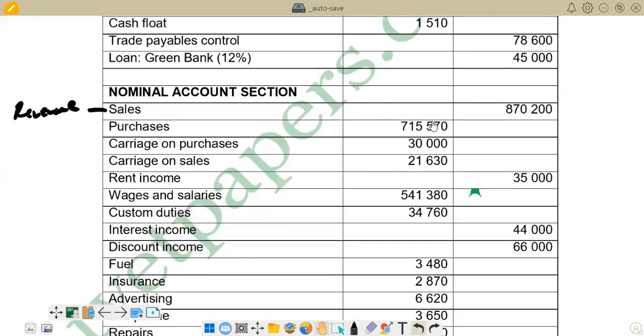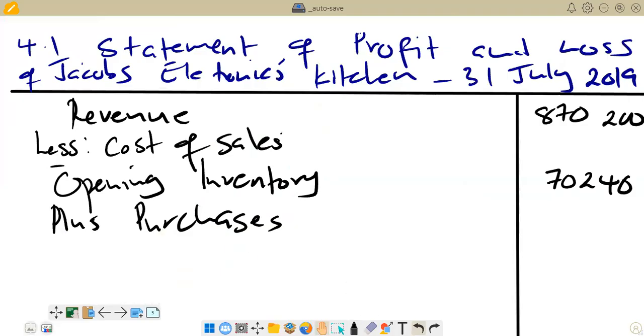This is 715,570 rand for purchases. If there are any purchase returns, we are supposed to subtract them so that we put the net purchases figure there, but we don't have any returns in terms of purchases. So we pick this figure and transfer it there: 715,570.